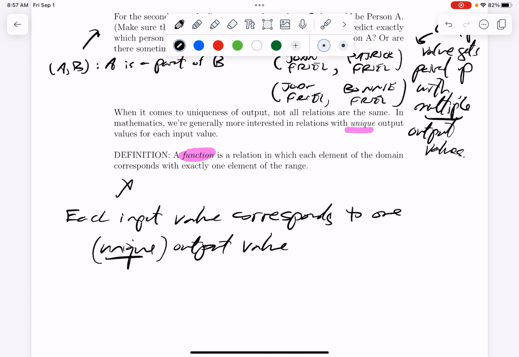If I tell you what the input is, you know exactly what the output is. There's no guessing. We call that a function.